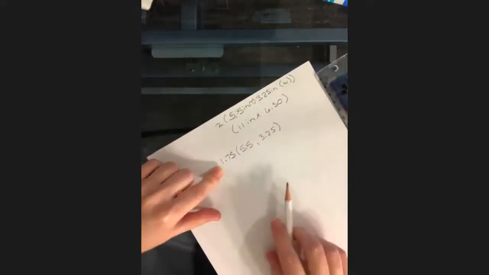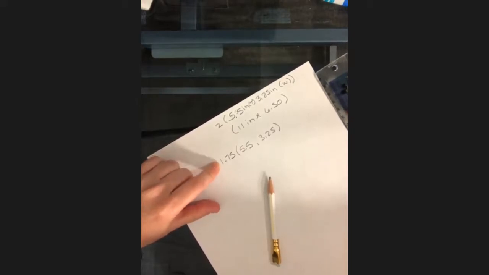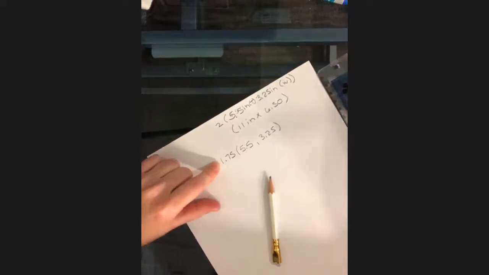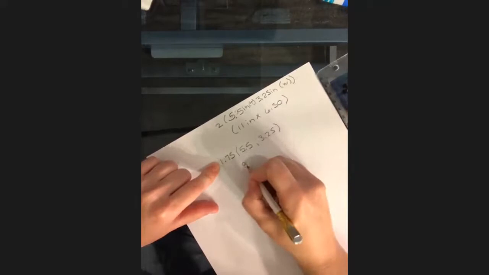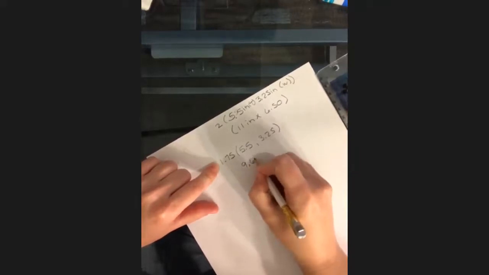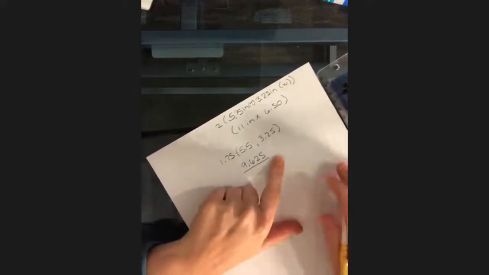So 1.75 times 5.5. Just for the sake of being quick and not having to do longhand, I'm going to use my calculator. So 1.75 times 5.5. Okay, so we've got 9.625, and I'll show you what that is in just a minute.